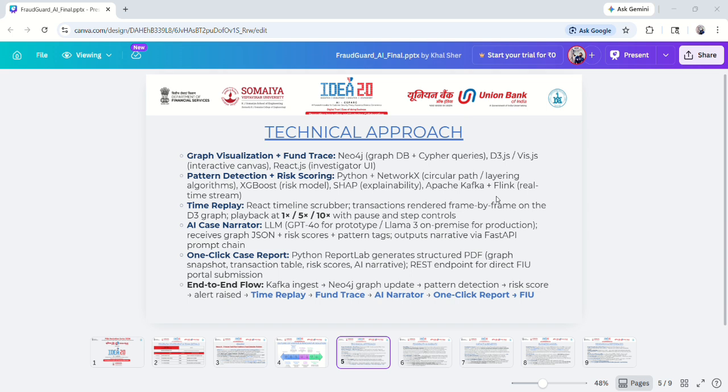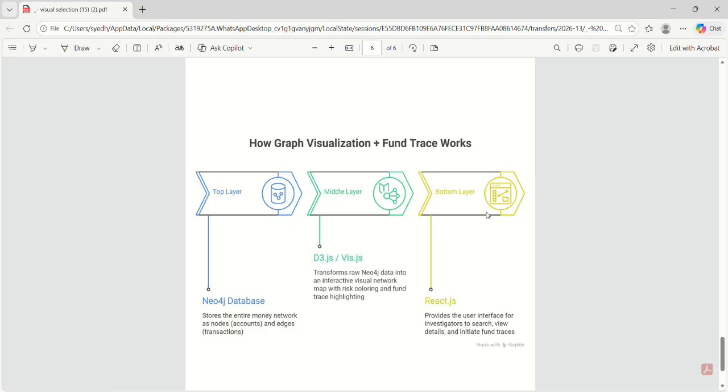Graph visualization and fund trace shows how money flow is tracked. The data is stored as nodes, the visualization shows the connections and the UI displays the fund movement clearly. To give an overview of how graph visualization and fund trace works, this diagram illustrates how complex financial transactions are visualized using graph technology.